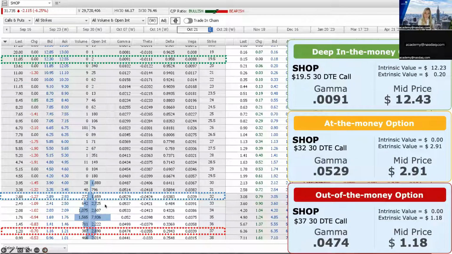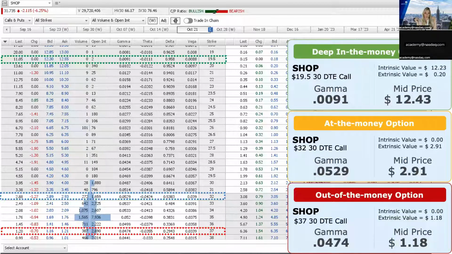So let's look at gamma on the option chain. And remember, gamma is acceleration. Gamma's job is to get delta to 0 or 1. Now that we know how delta works, think about that.